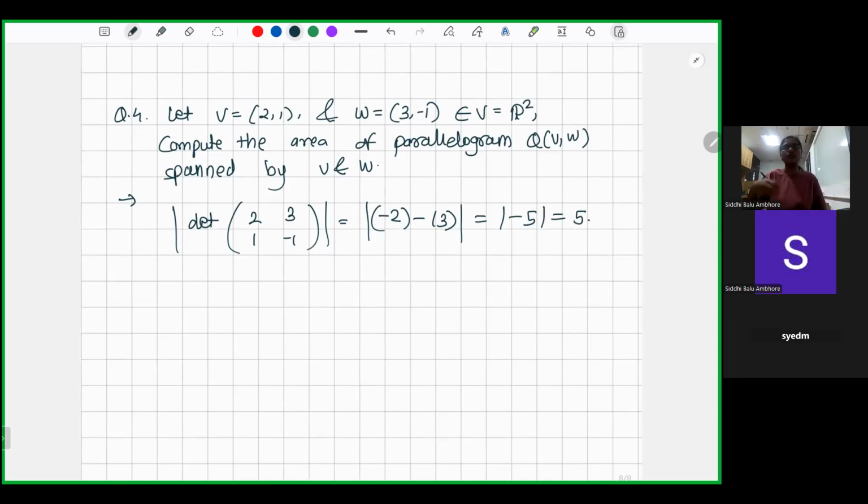So that is 5. And this minus sign just represents that it does not have standard orientation. And the determinant is 5.